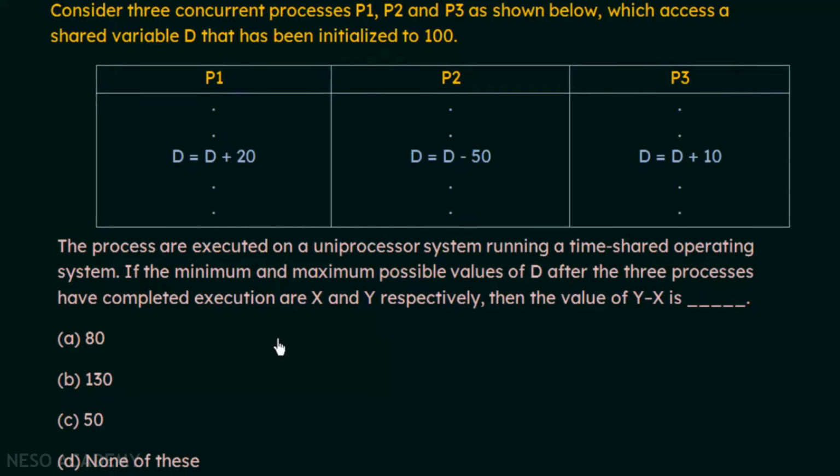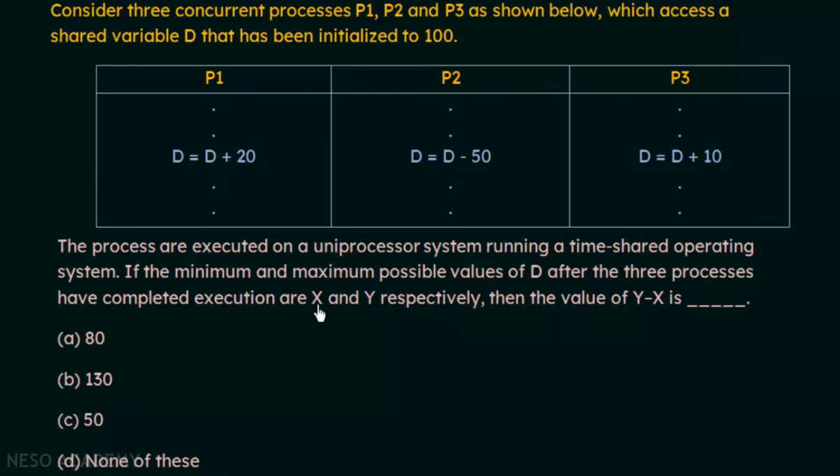So here we need to consider what the maximum and minimum values of d are that are possible. If the processes P1, P2 and P3 all complete execution in some order, which we don't know and have to figure out, we have to find the minimum possible value of d and the maximum possible value of d.